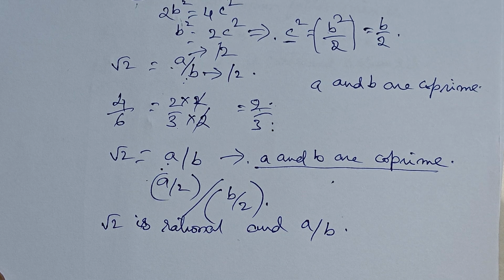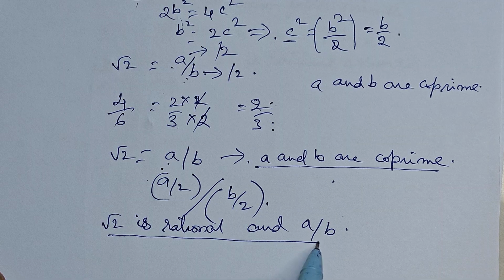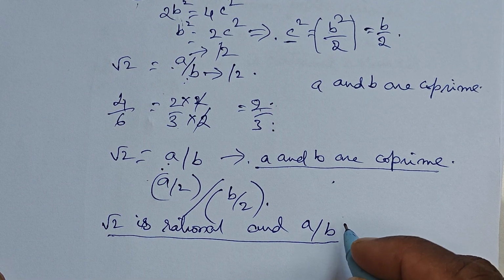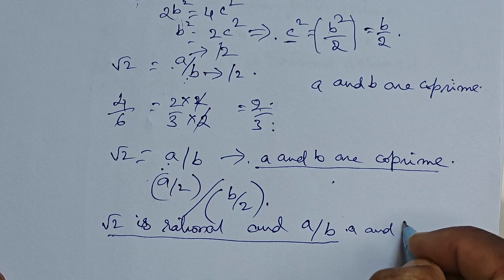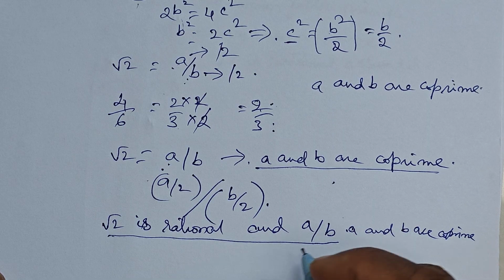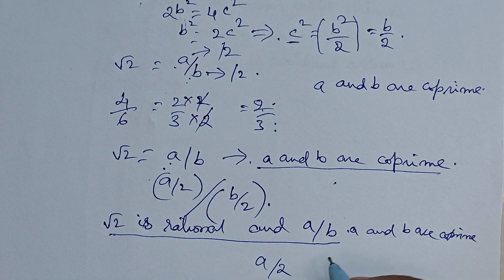There is no common factor which can be cancelled in a and b. Correct? You said root 2 is rational and a by b is my possible value, but a and b are co-prime, but after all the exercise you are saying that a is divisible by 2 and b is also divisible by 2.